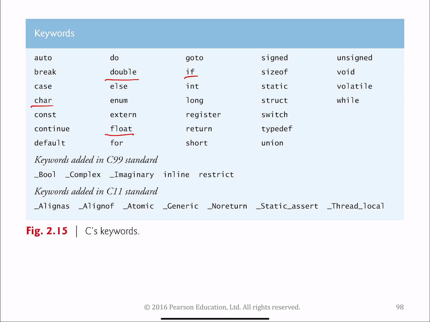You're now familiar with if, int, long, return, short, signed together with any of the other integer numerical variable types, sizeof, and void, of course. And corresponding to signed, there's unsigned. The other ones, I hope we will get to all of them. If not that, then most of them.